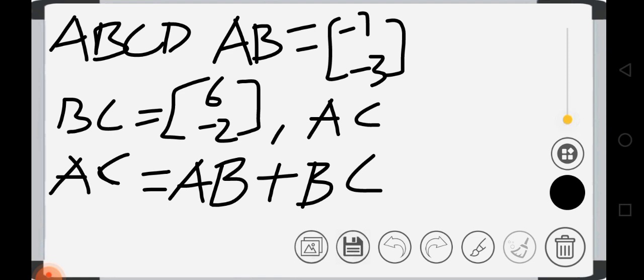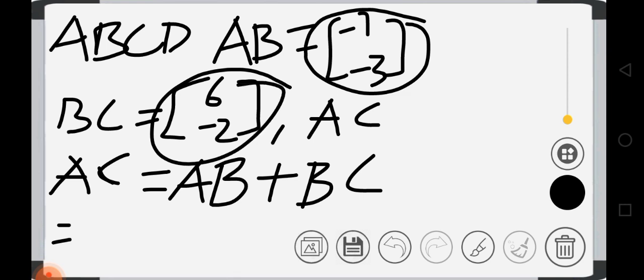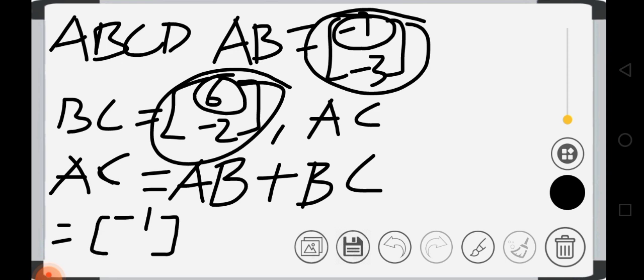AB is already this. We're going to have this plus BC, which is already this. So let's just add together now. This plus this. Minus 12 plus that is minus 1. Minus 2 plus minus 3, that's minus 2 minus 3.